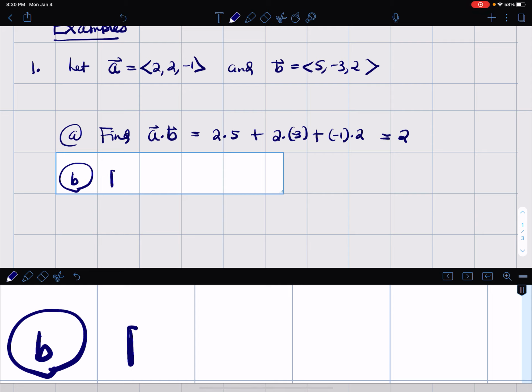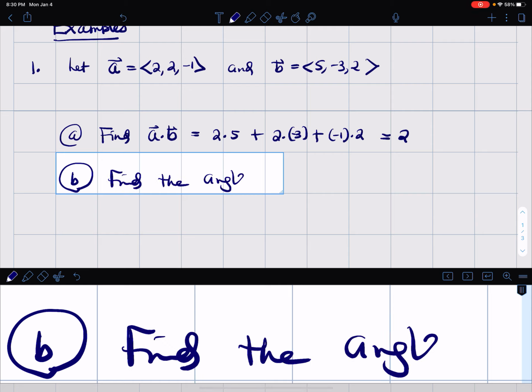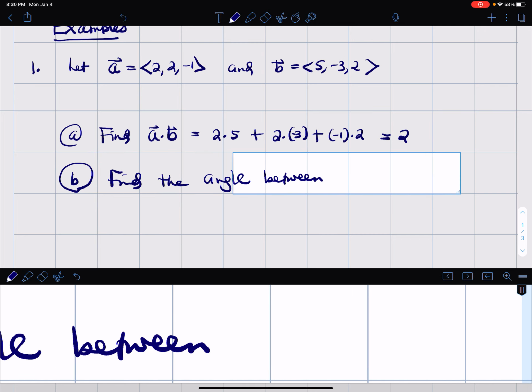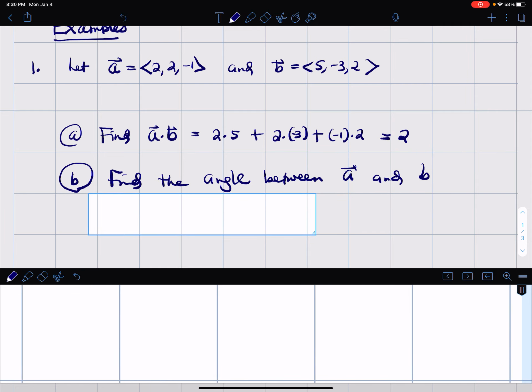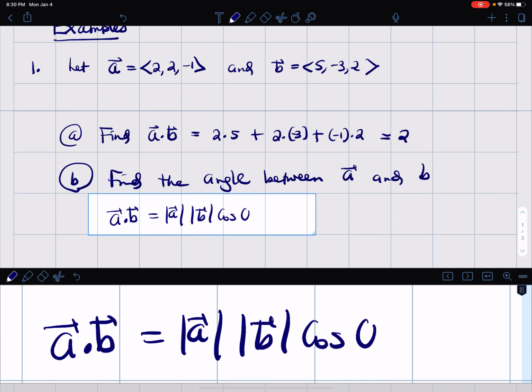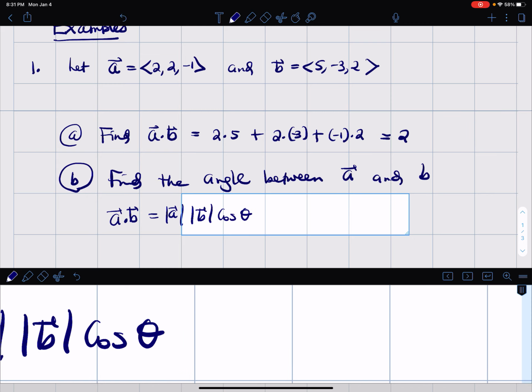The next part of the problem, we would like to find the angle between A and B. All right. Remember that the dot product of A and B is the magnitude of A times the magnitude of B times cosine of theta, and theta is the angle between them.